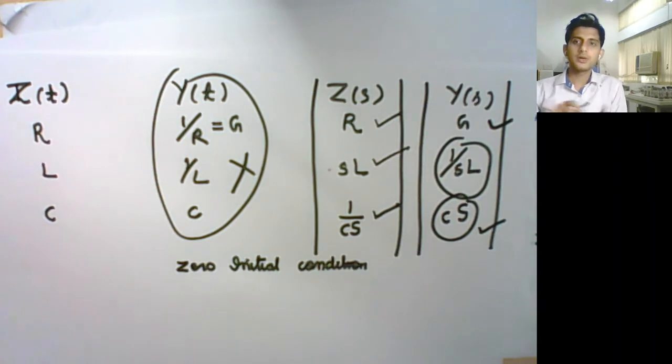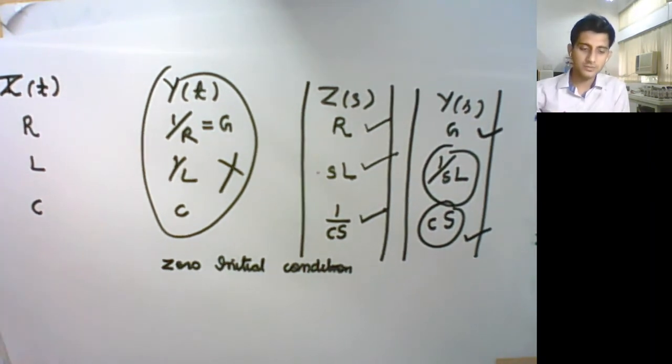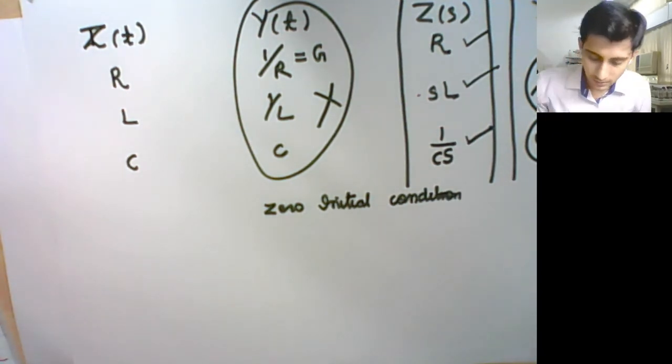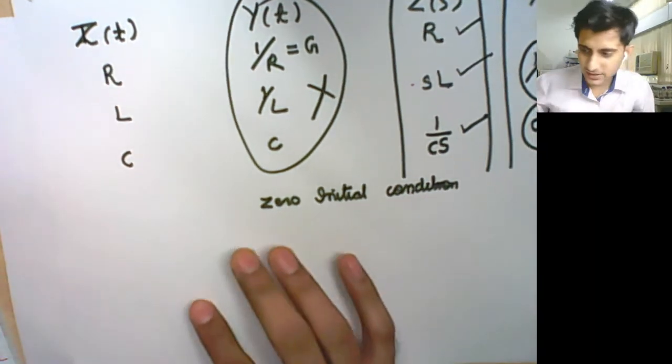Now you can also, using the impedance transform technique, write down or find equivalent S domain circuits of capacitance and inductance. Equivalent S domain transform of capacitance and inductance. Okay. So let me just try to explain it.